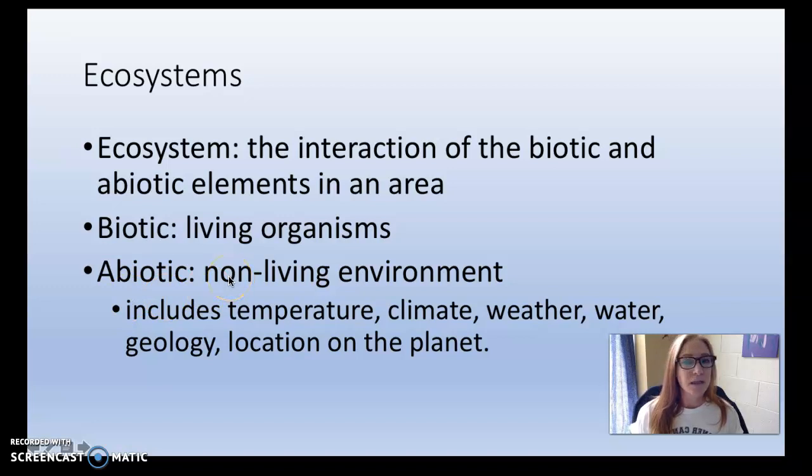This is everything in an ecosystem or in an environment that is not alive, that doesn't have those characteristics of living things. And it includes stuff like the temperature, the climate, the weather, which are two different things. We'll go through those another time. It also includes the water, the geology, what kind of earth forms are there, and its location on the planet. It also includes a whole host of other things that I'll go through in just a sec, okay?